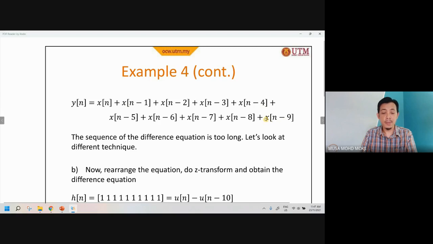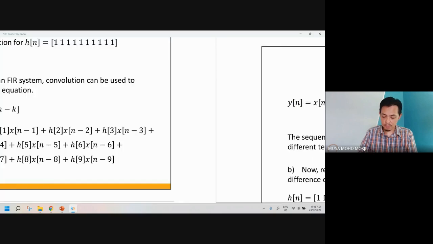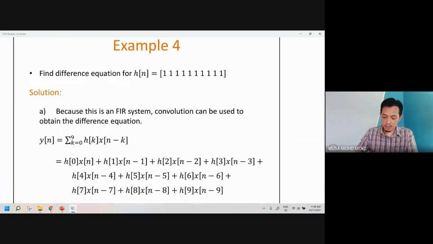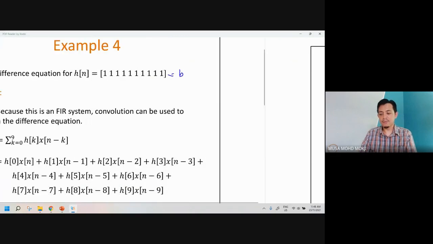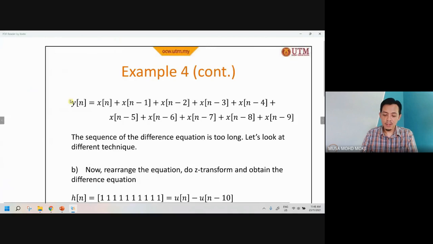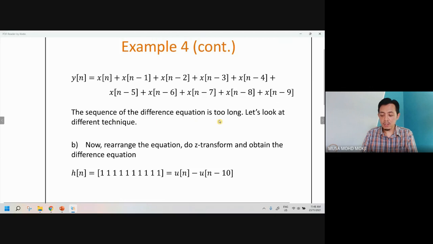Everything is multiplied by 1 because the Hn is 1. Those are actually the B. What is the A? A equals 1 because the output sequence only has 1.